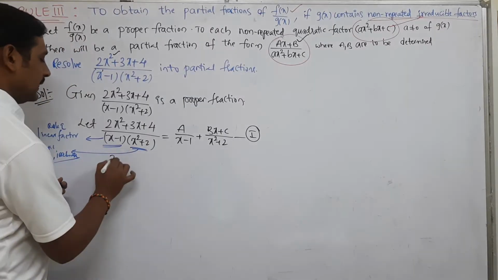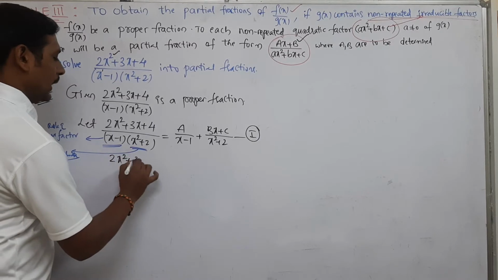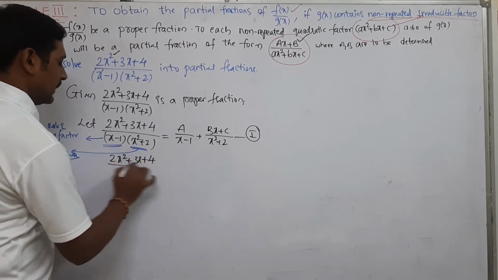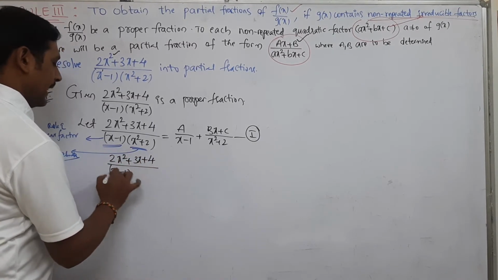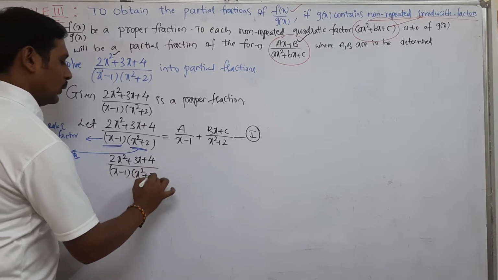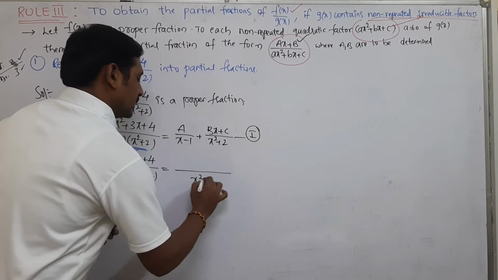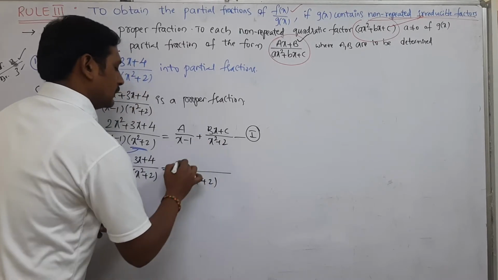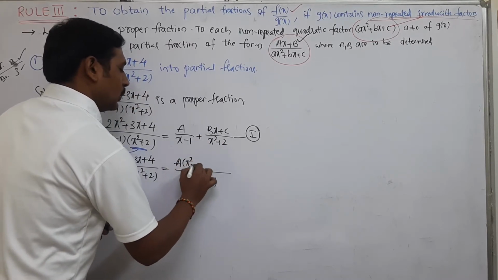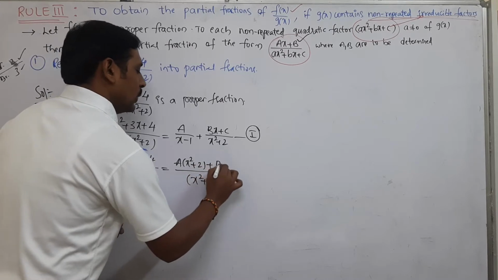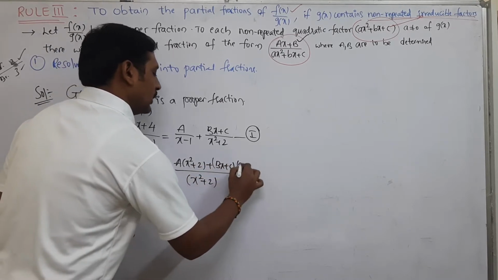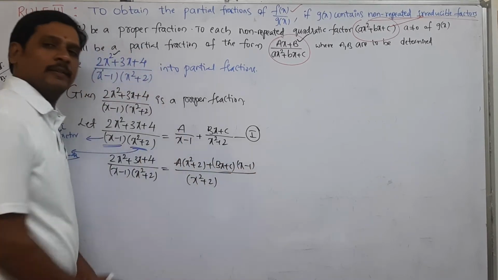Now let us take the LCM. 2x square plus 3x plus 4 by x minus 1 into x square plus 2. If we take the LCM, by cross multiplication we get a into x square plus 2 plus bx plus c into x minus 1.